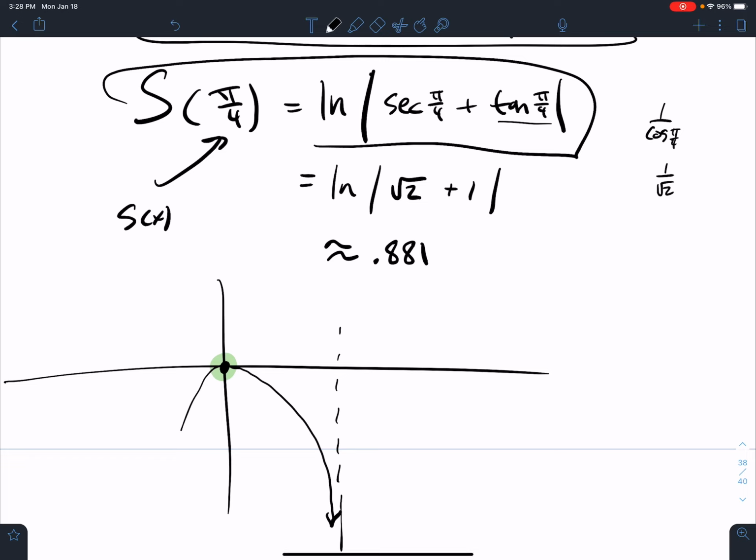Whenever I input pi over 4, it tells me the distance, this distance from 0, 0 to that point, pi over 4, comma, ln cosine pi over 4, okay?